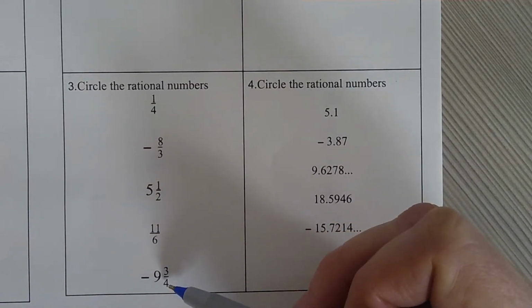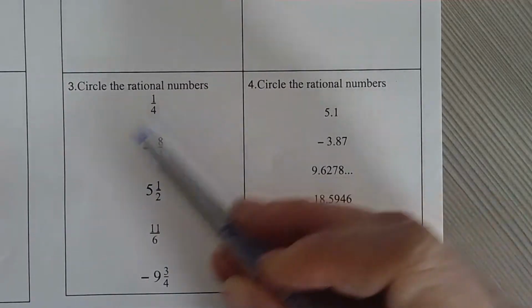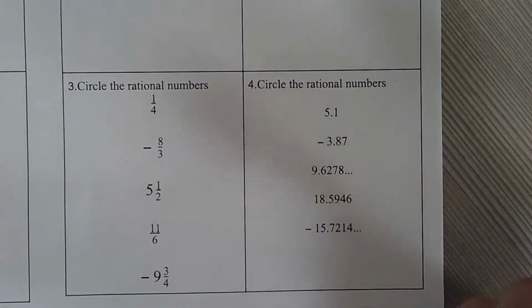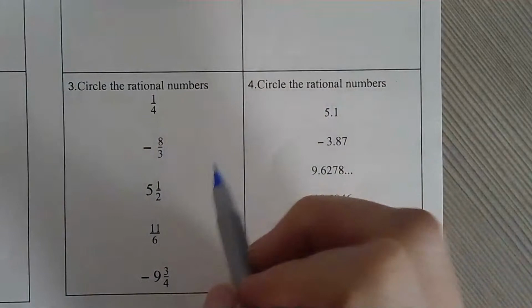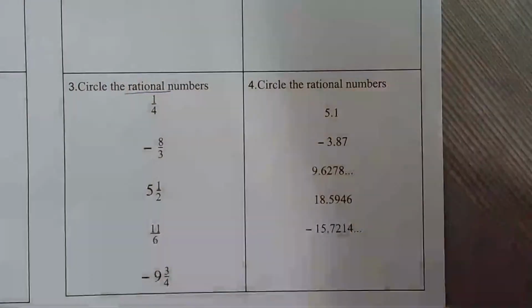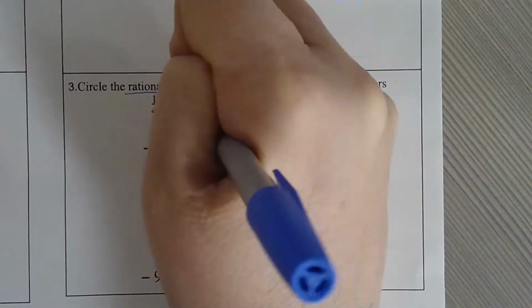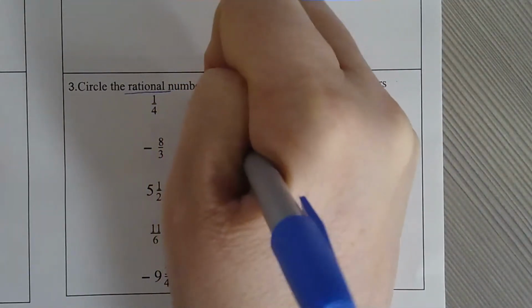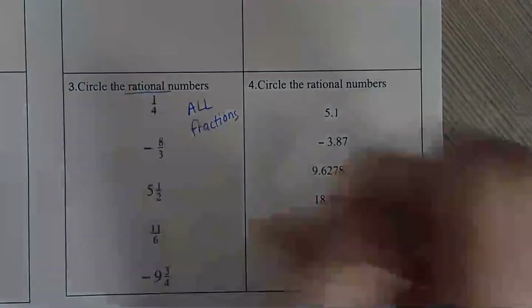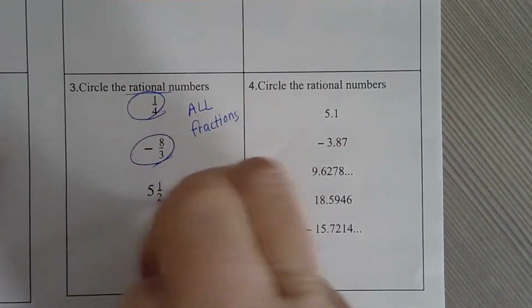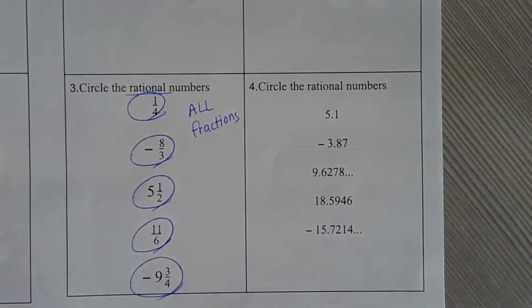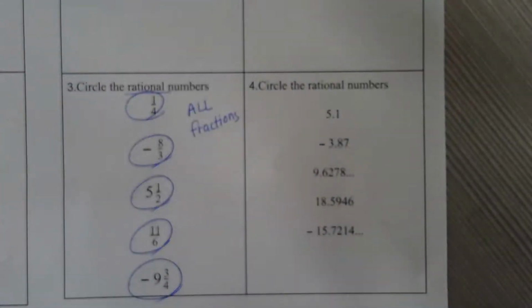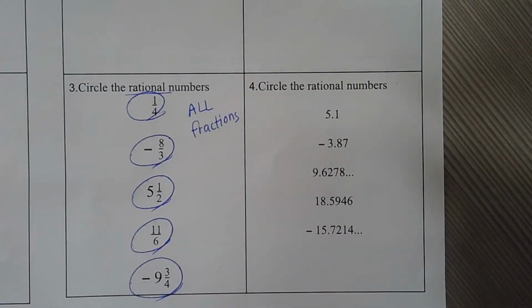Here's a negative mixed number. But again, all of them have a fraction of some sort. So if we're talking about rational numbers, all fractions are rational. That means every single one of these fractions, no matter what form it's in, would be considered a rational number.